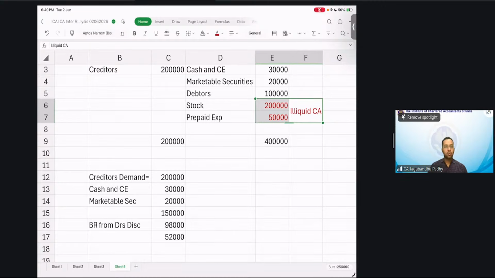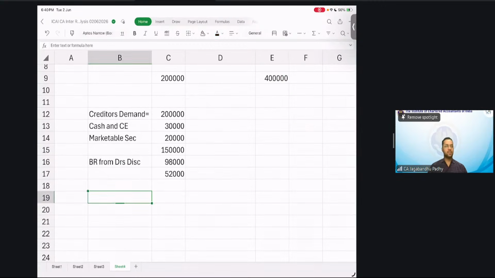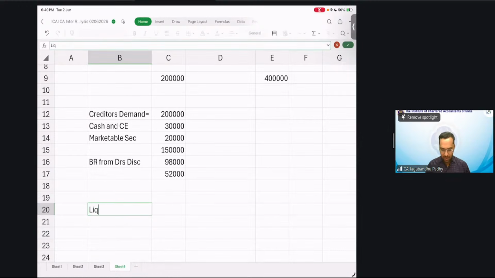Okay. So we need to revise our current ratio, making it more strict. Therefore, we have to look at a new ratio and that's called the liquid ratio or quick ratio or acid test ratio.